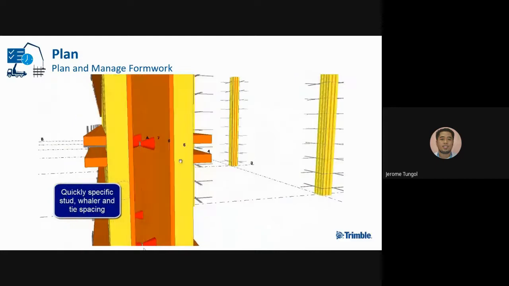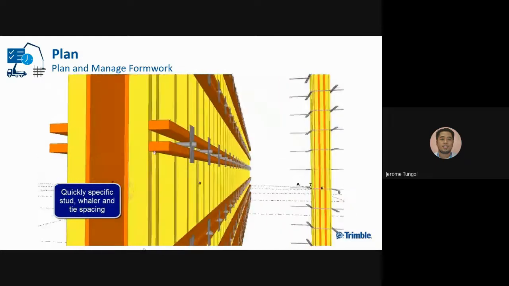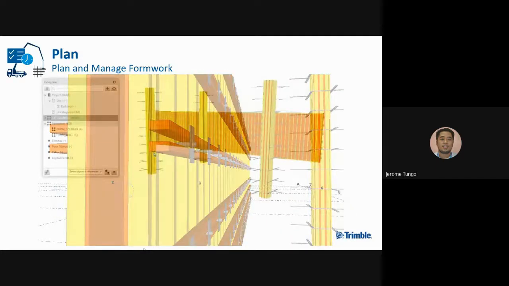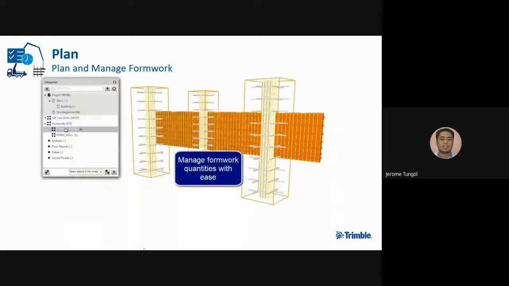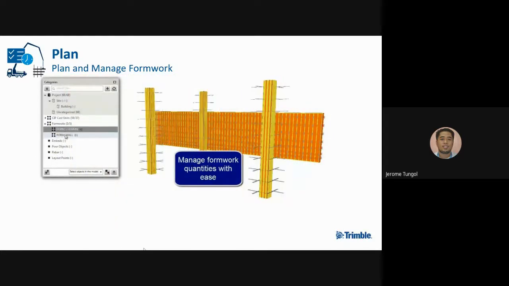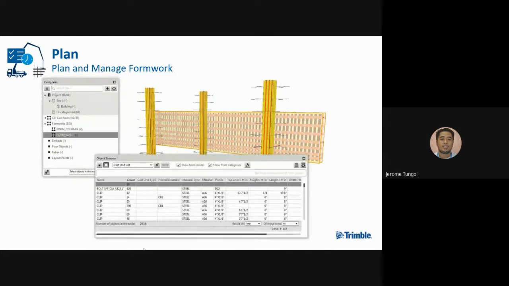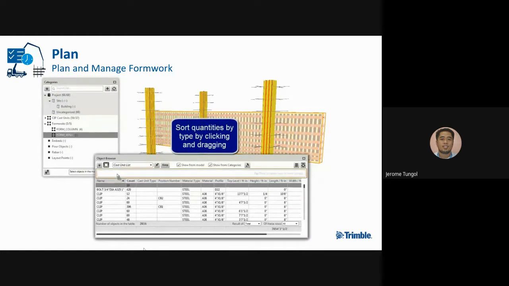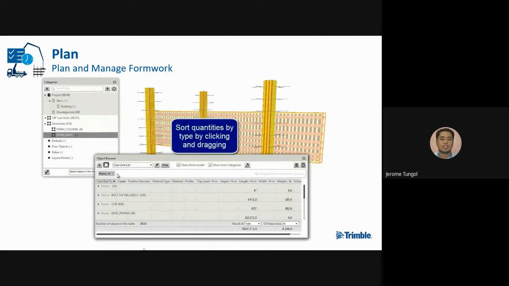And then as a result, by use of organizer, you can have quantity takeoff of the formworks. You now have a 3D model of your formworks together with its detailed quantity takeoff.